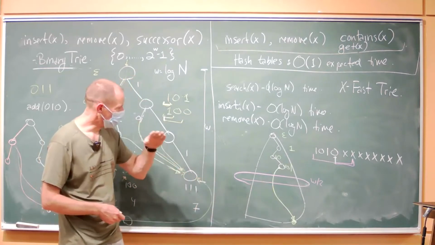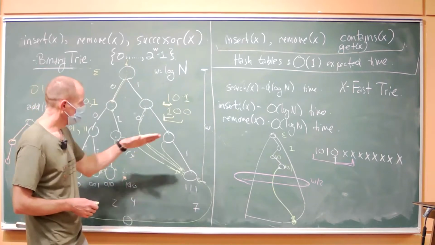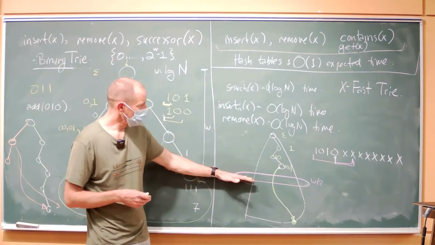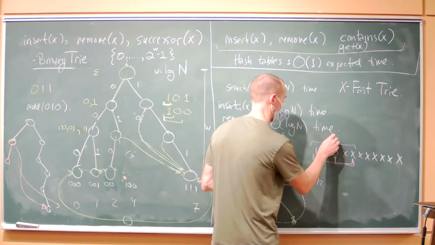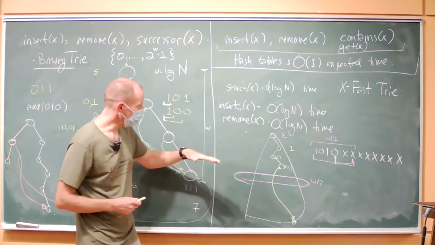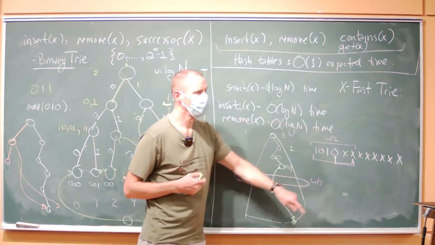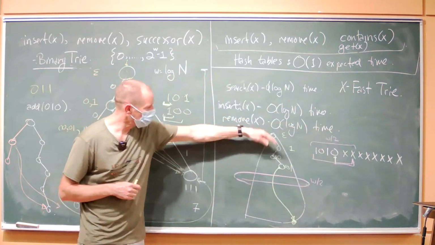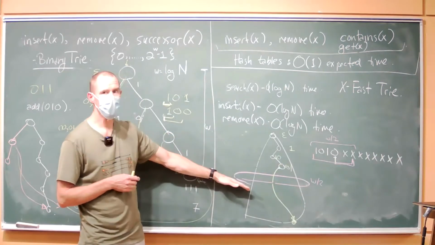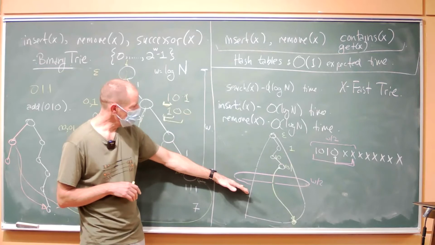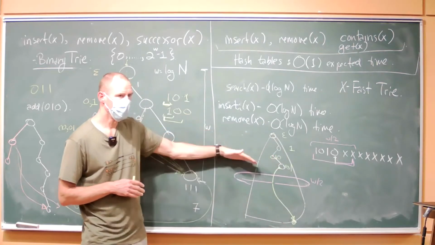So I can go to the middle level and take my string, take the W over 2 highest bits, and ask: is there a node at the middle level that has this label? If the answer is yes, that means I could have followed a path right to that node. If the answer is no, that means the place where the search would fall out of the tree happens before.